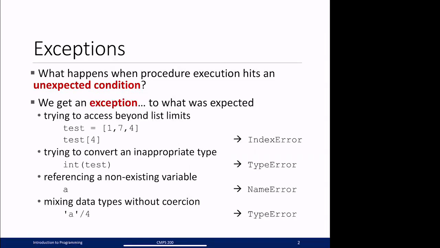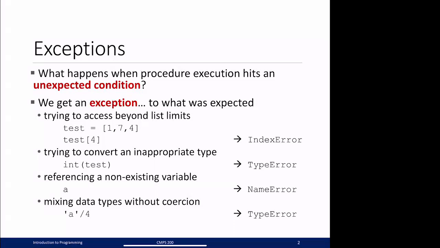Okay, let's see, for example, what types of exceptions we can get. Trying to access beyond list limits, so in other words, errors. If I have a list like test, which has 3 elements, 1, 7, and 4, and then I say test of 4, trying to refer to the 4th element in this list, I'm going to get an index error. Python is going to complain and say this list has only 3 elements; you're outside the bound of the list. If I try to convert an inappropriate type, let's say I have a variable called test and I try to cast it into an integer and it's not an integer, that's going to give me a type error.